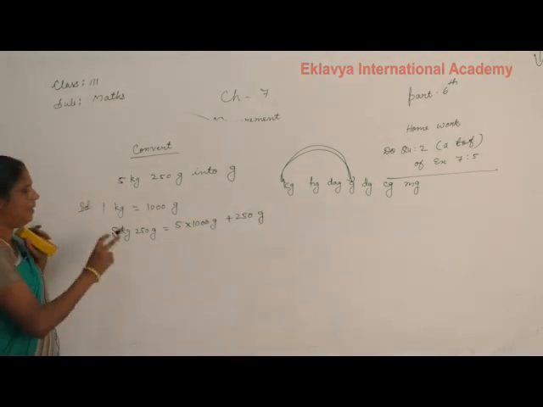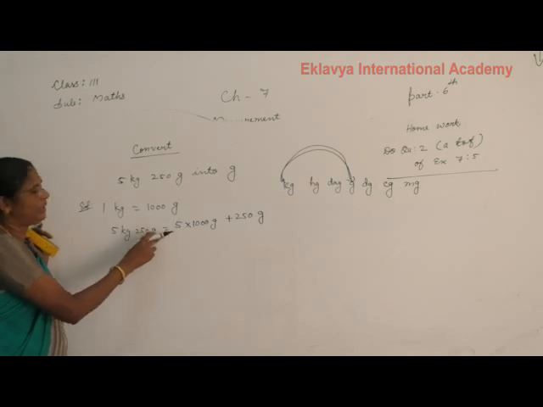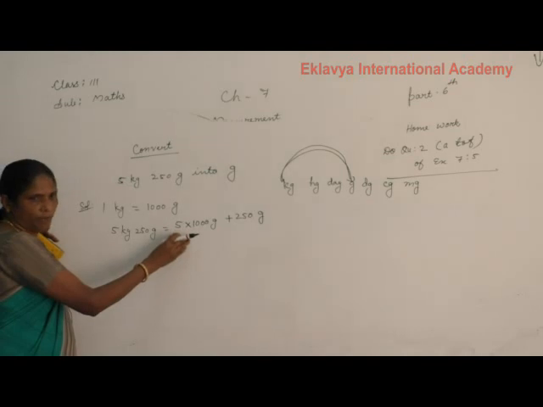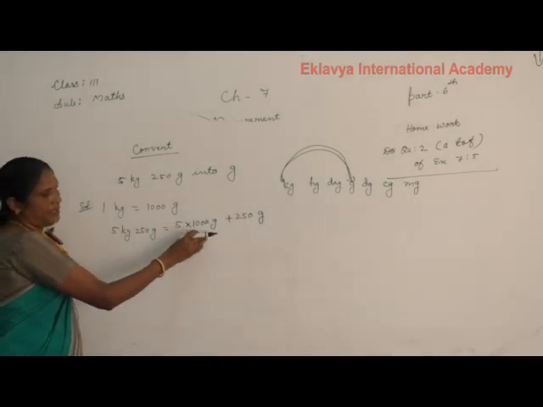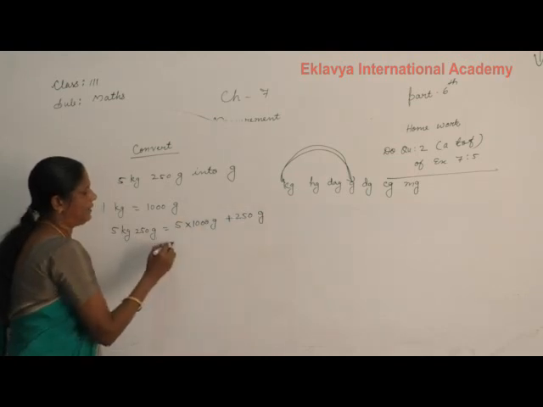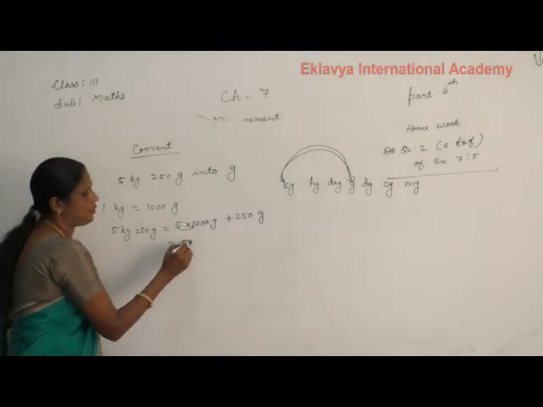Understand? 5 kg 250 gram is equal to 5 multiply 1000 plus 250 gram, that is 5 ones are 5. Then how many zeros? 1, 2, 3. 3 zeros also, right?